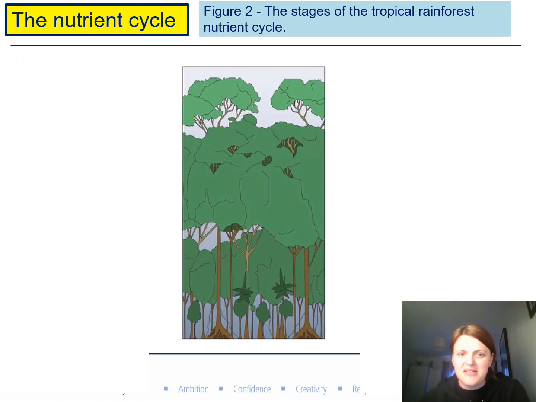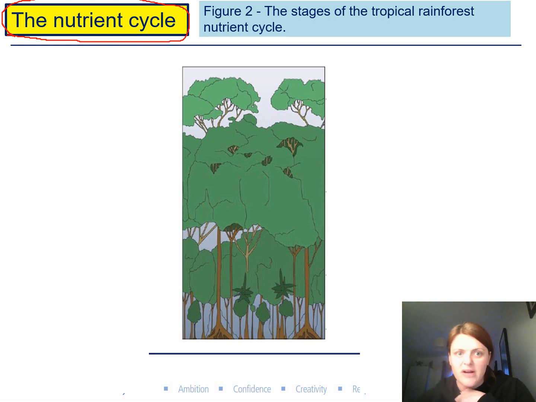Okay, so let's get on to what this lesson is all about. I'm going to talk about the nutrient cycle. So what are nutrients? Well, we looked at that right at the beginning of the lesson with one of the key terms. They are the vitamins and the things that are needed for trees to grow.